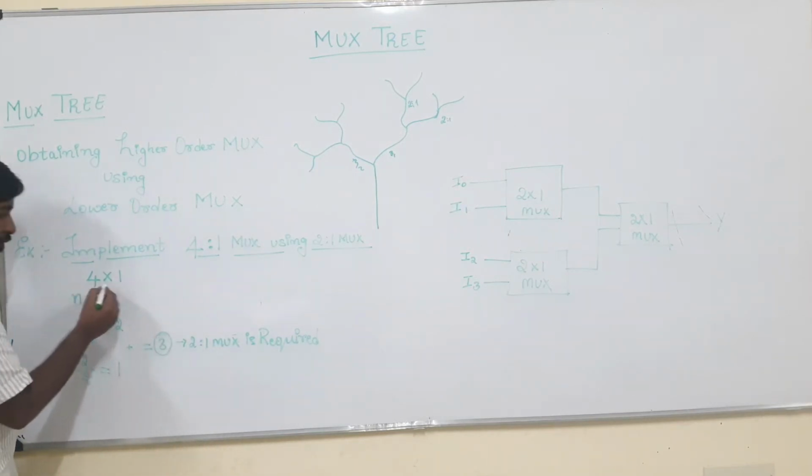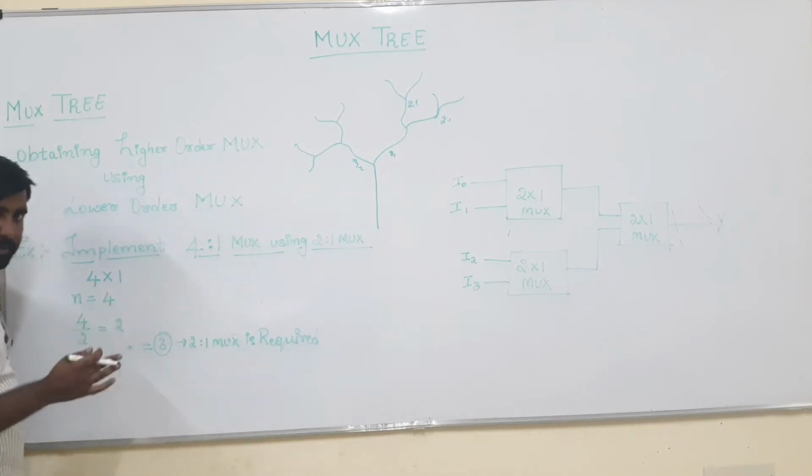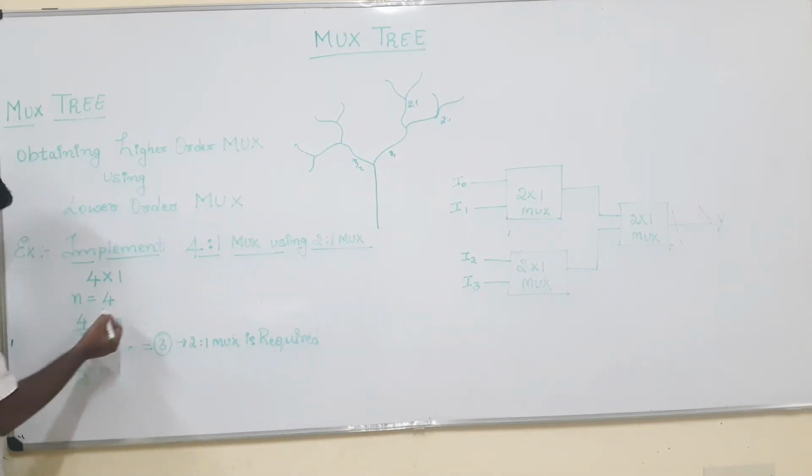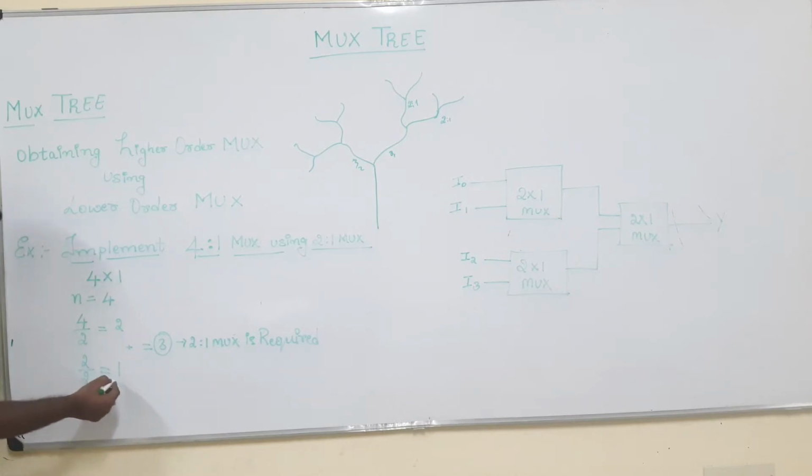If it is a 4 cross 1 MUX, it's very simple. Please concentrate now. My n value is 4. So I will take 4 divided by 2, which is equal to 2. If I again divide 2 by 2, it is 1.